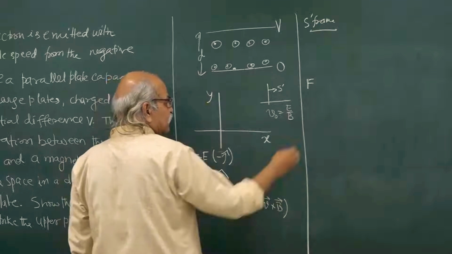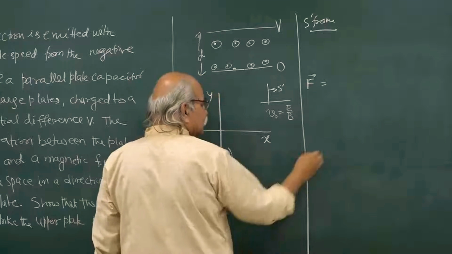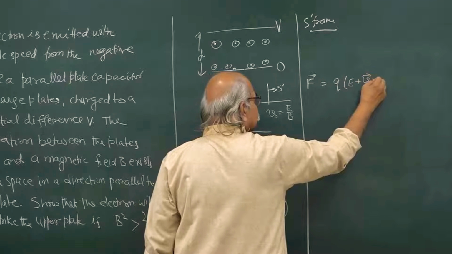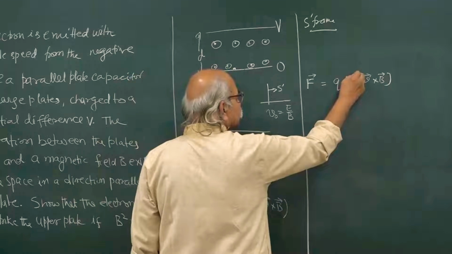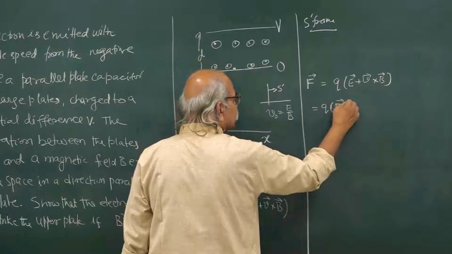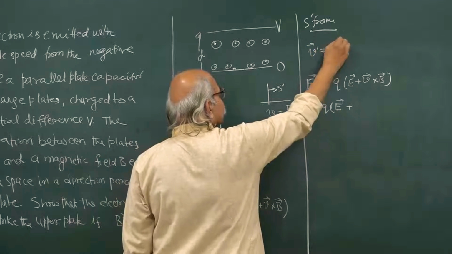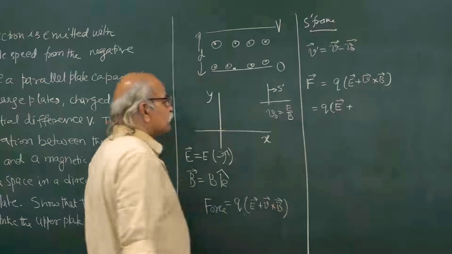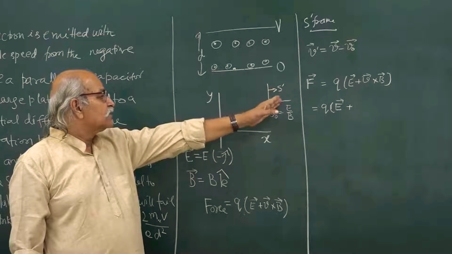And in this frame, if I write this force on a charged particle, then it will be equal to the same force Q times E plus V cross B. And then we have this equation that this velocity can be written as V prime. This V prime in this frame will be V in the original frame minus V naught. So, from this frame, if I am seeing the velocity, then you have to subtract this velocity V naught.